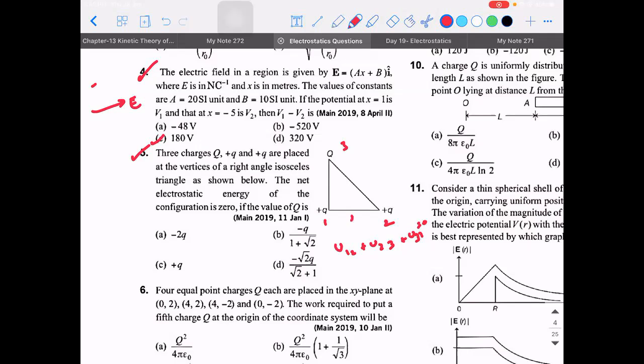Since they told it's a right angled isosceles triangle, this is A, this is A, this will be root 2 times A. So Q square by A plus Q into capital Q by root 2 A.